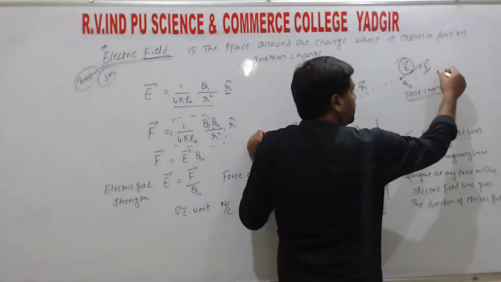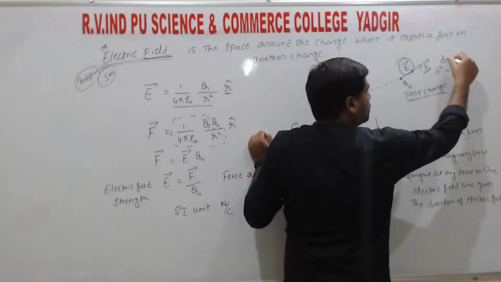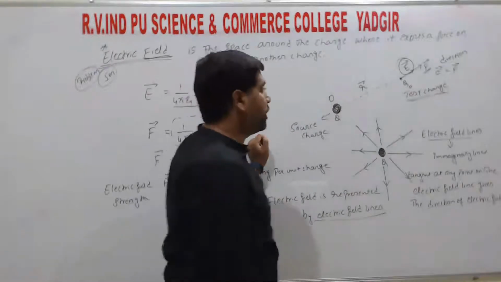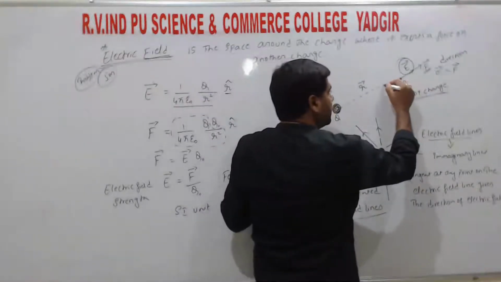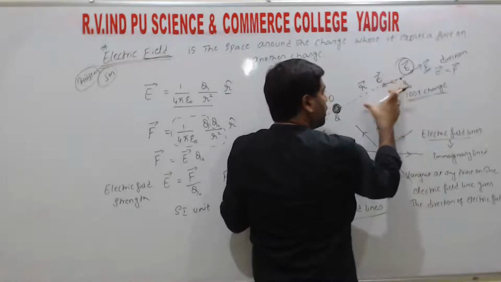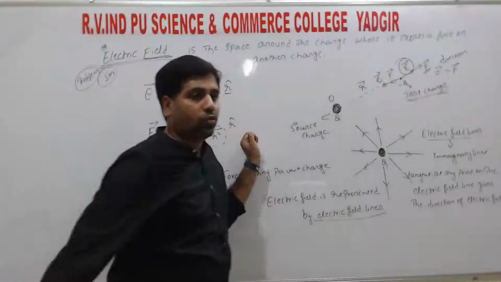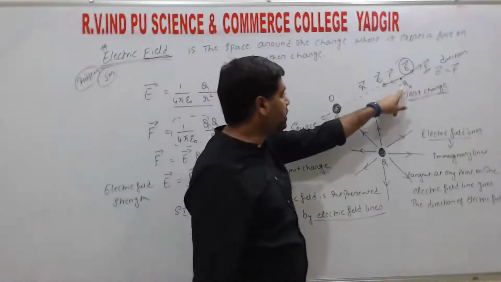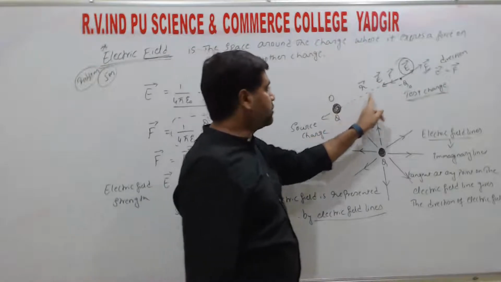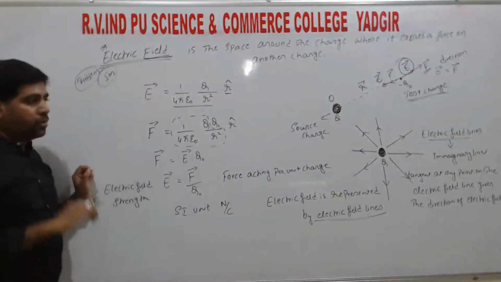That means the E direction and F direction are the same, right? If the test charge is minus, then the electric field is towards the source charge, because the force of attraction between the two charges is towards the charge Q. If it is plus, then it is away from the source charge.